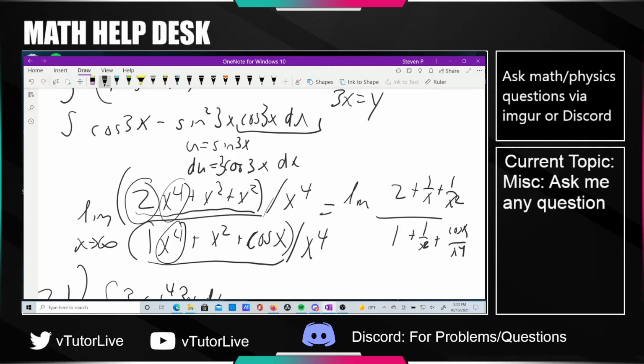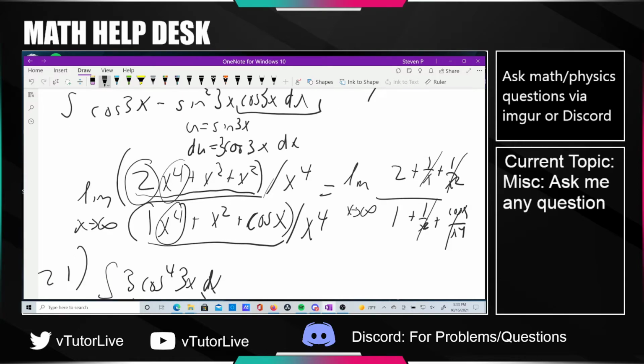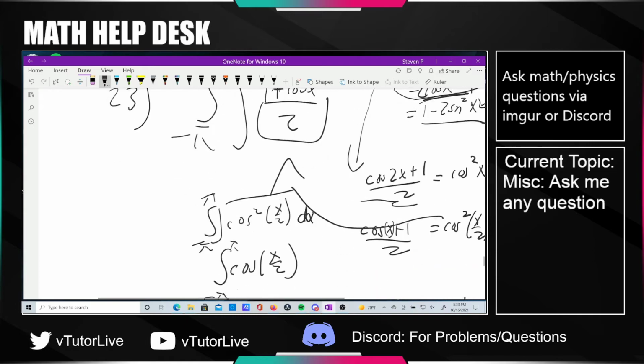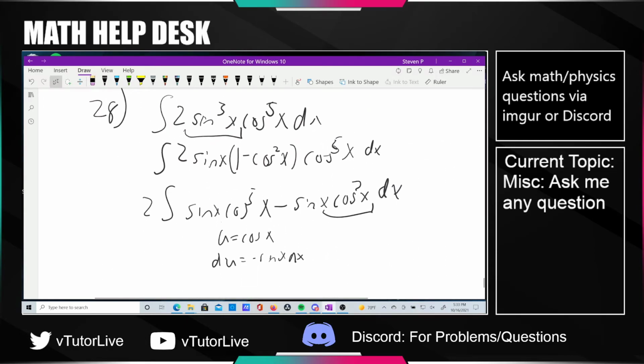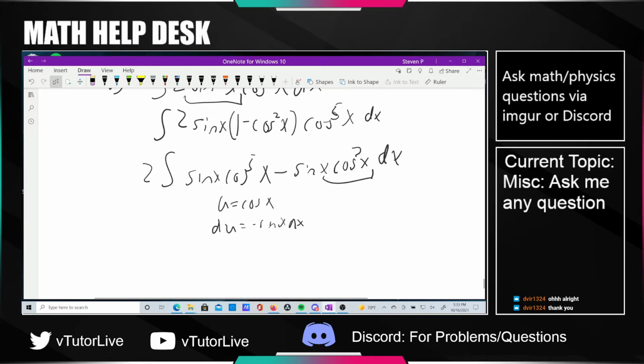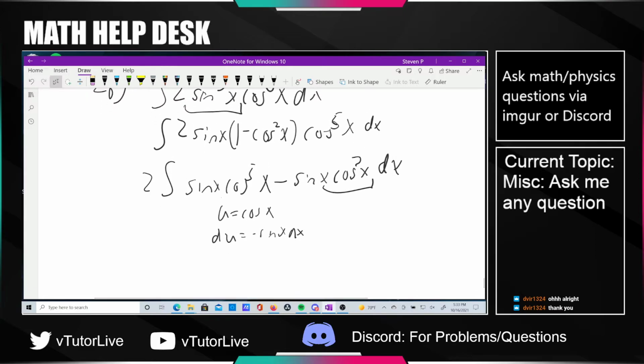Dividing by x to the fourth makes it super clear that all these terms die when x goes to infinity, and all you're left with is 2 over 1. Right, that's all. I'm getting a surprising number of questions about that dividing by x to the fourth thing. It's just a limit. Okay, so I think this answers question 28 just fine. It's not so bad, right?